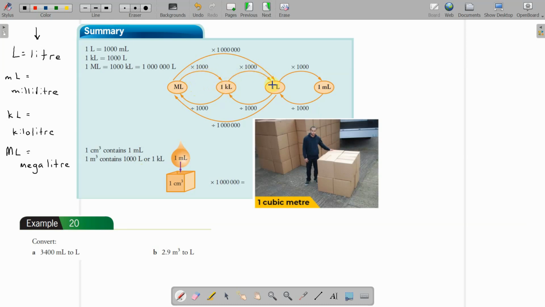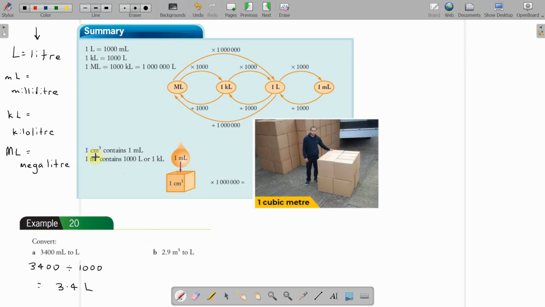Here, this is the opposite: smaller unit to a larger one, so we have to divide. 3400 millilitres to litres, divide by 1,000. That'll give you how many litres, and that equals 3.4 litres.